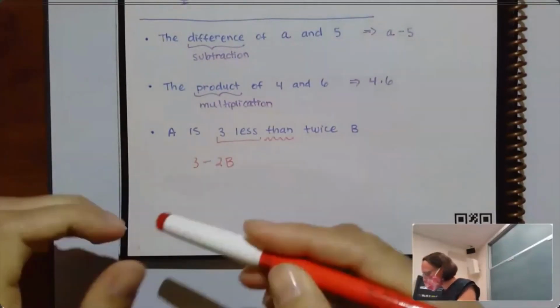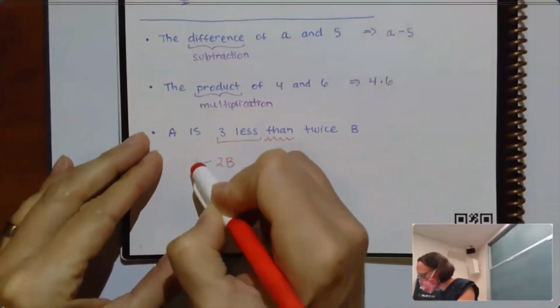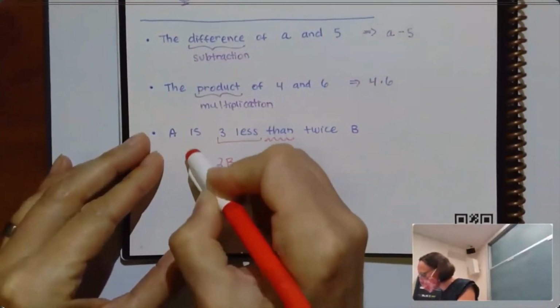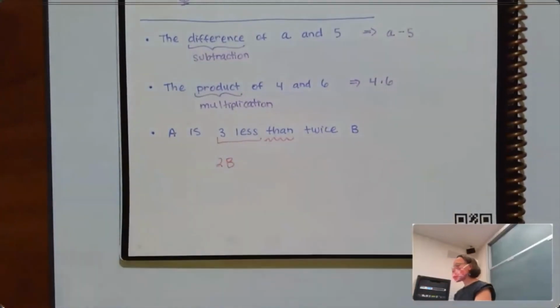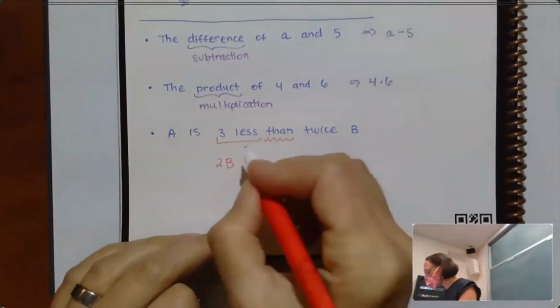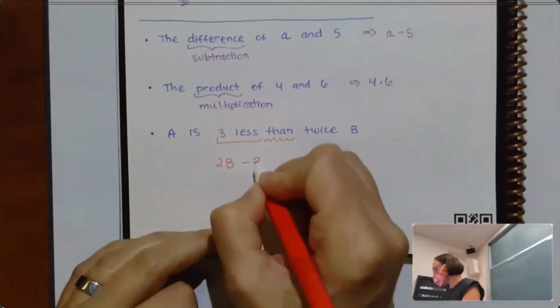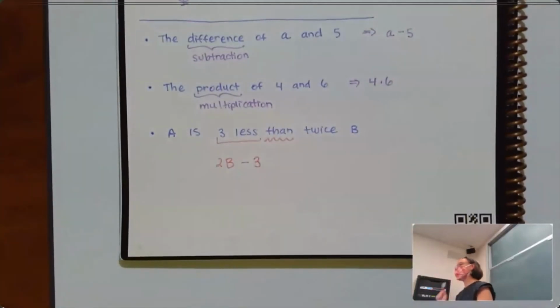So that's our wrong answer. I'll go ahead and get rid of it. The twice b part does mean 2 times b, but 3 less than 2 times b means I'm subtracting 3 after I deal with the twice b. And that is for sure the number one wrong answer that I see.